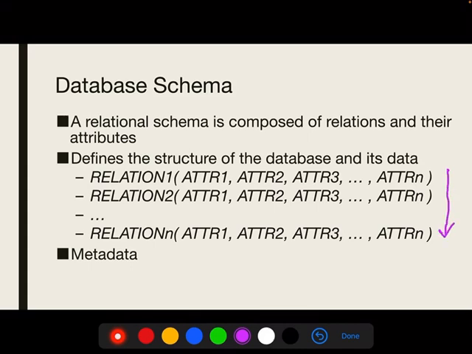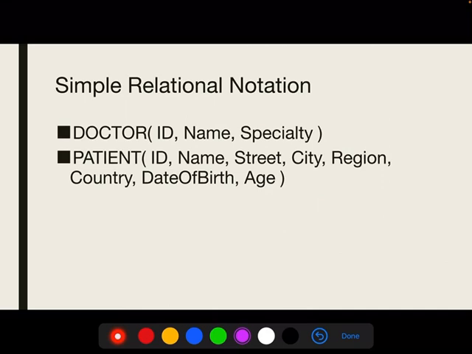And a schema, or the structure of the data, is often also called metadata, which means the data that describes the data. And here's an example of a simple schema for a relational database. We have two relations, doctor, patient, and here's their attributes.